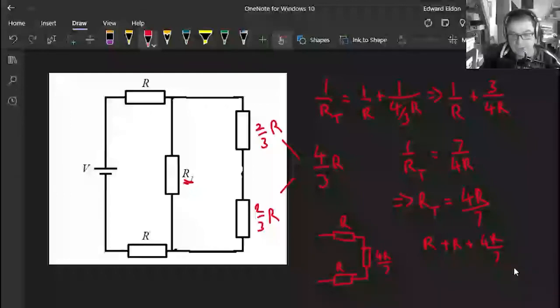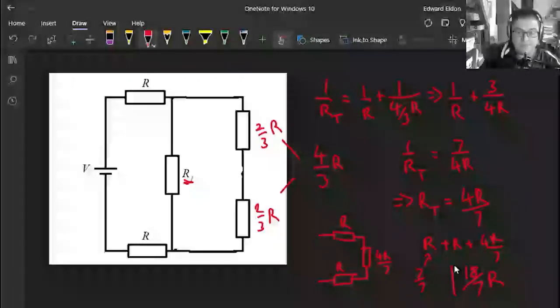Adding those fractions together, each R can be written as 7R over 7. So we have 14 plus 4, which is 18R over 7. So this, in fact, is our answer. And what it's telling us is that the whole complex network that we were looking at the start can be replaced with one resistor which has a value of 18R over 7.